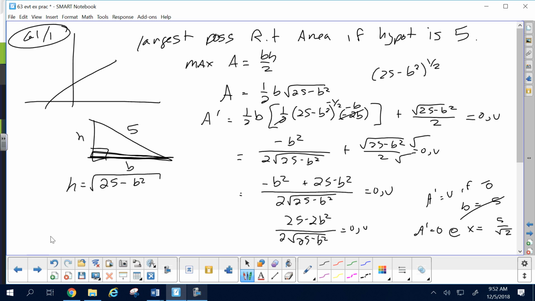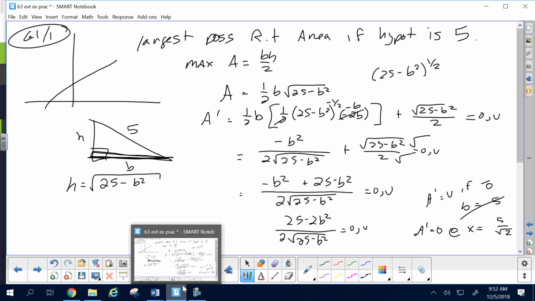So the only question is, is that a max? If I were to mentally say, does this go positive to negative there? For small b's, this would be positive, like at 0. If b was huge, this would be negative. So it does feel like I have a max there. That is a max. And so I answer the question.